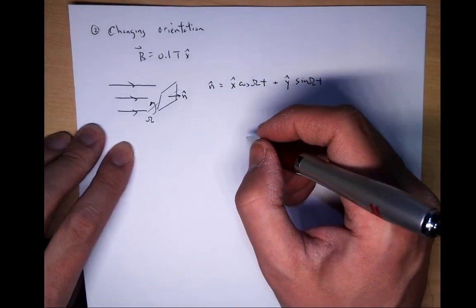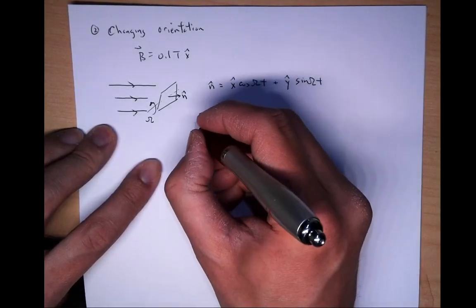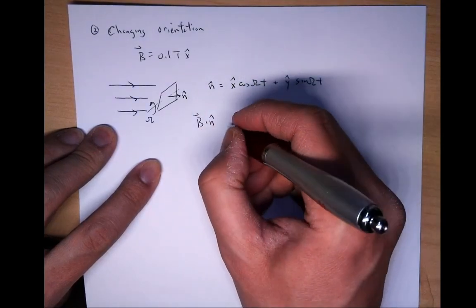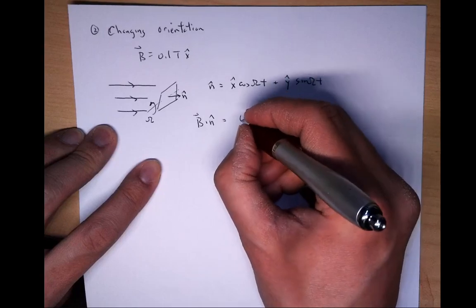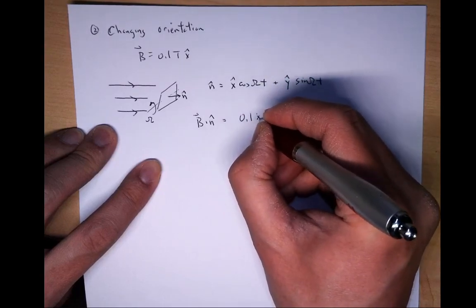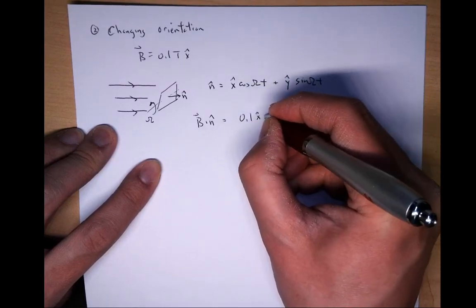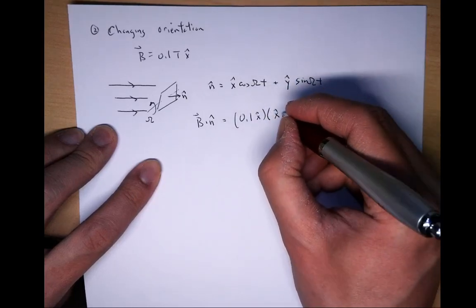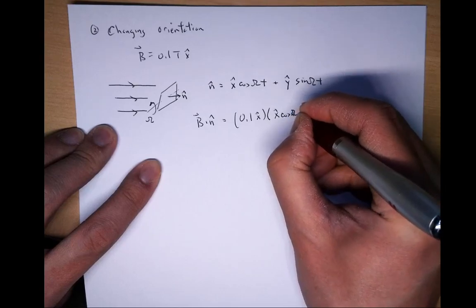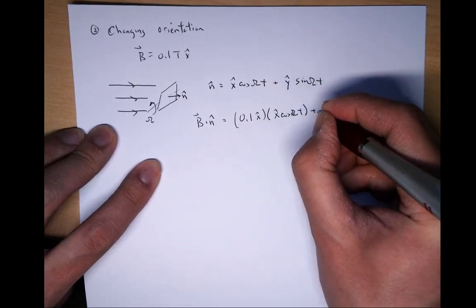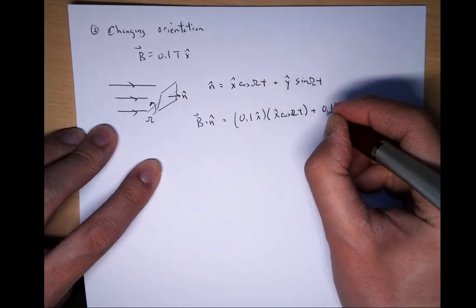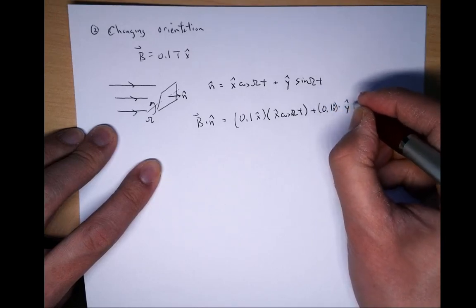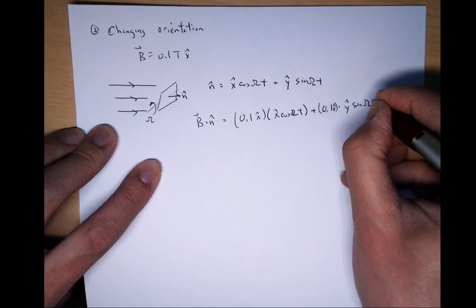Those are the two directions. And so now we can do B dot n hat, which will be useful in a second. That's just going to be 0.1 x hat times x hat cosine omega t plus 0.1 x hat dotted with y hat sine omega t.